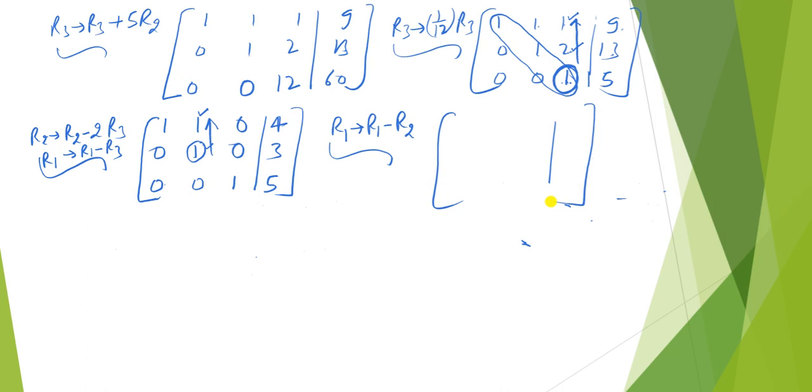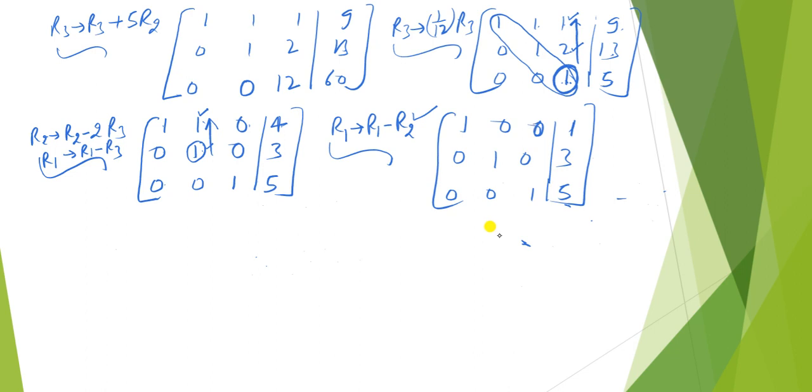So write the second and third rows as such: the third row is 0 0 1 5, the second row is 0 1 0 3. Now the first row becomes, with the help of R1 minus R2, 1 minus 0 is 1, 1 minus 1 is 0, 0 minus 0 is 0, 4 minus 3 is 1.